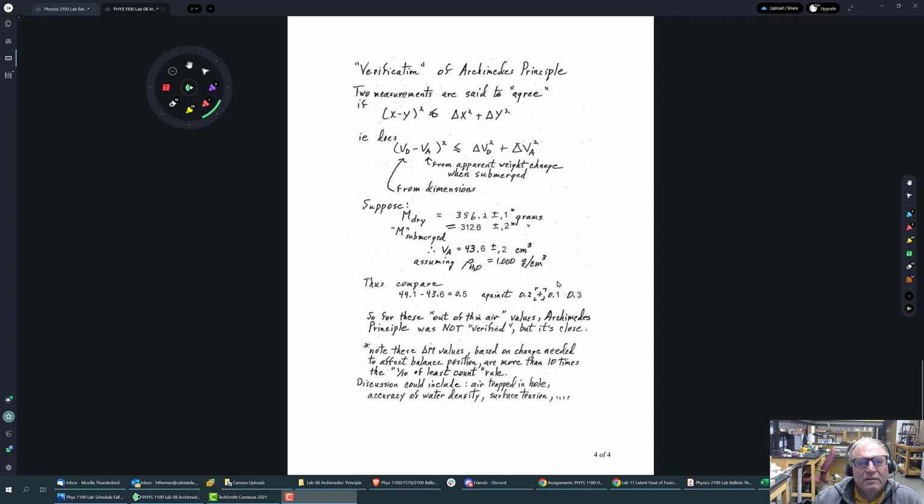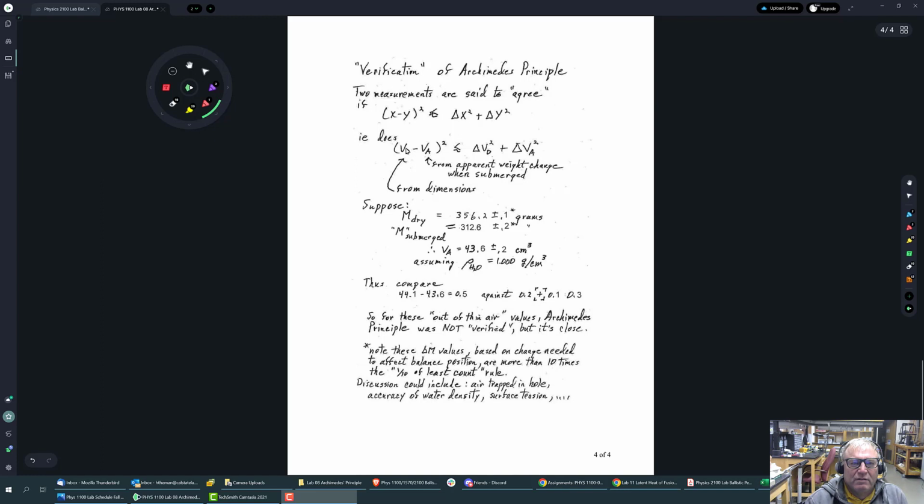So what it's saying is that the difference between them squared is less than or equal to adding together the plus minuses of two numbers, from dimensions and from using Archimedes' principle.